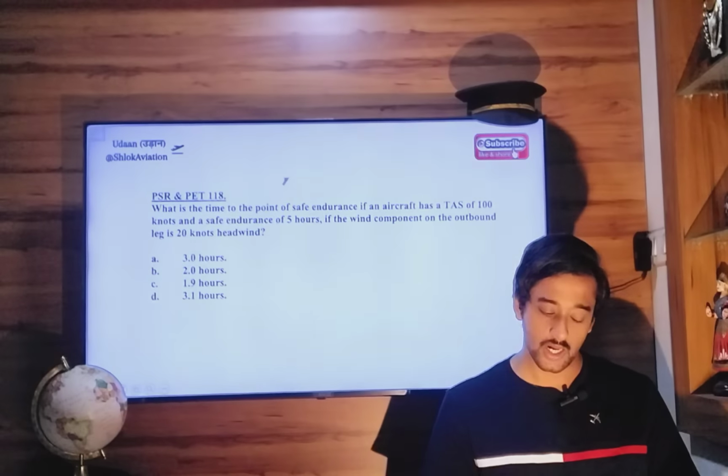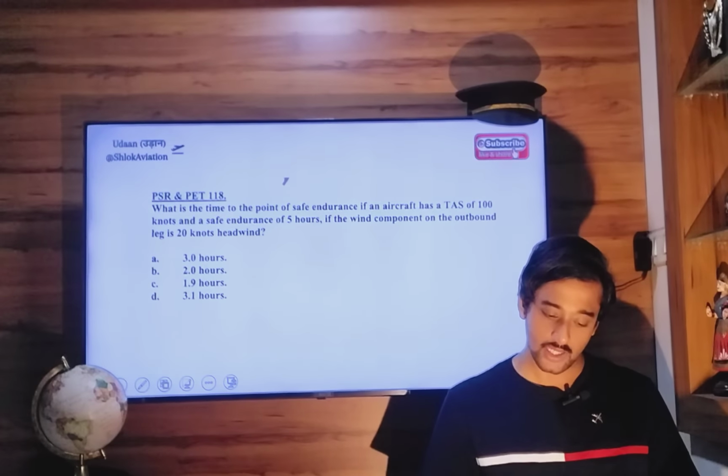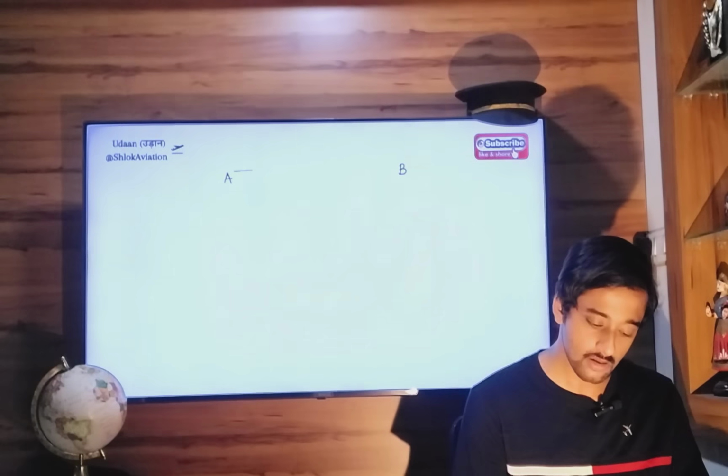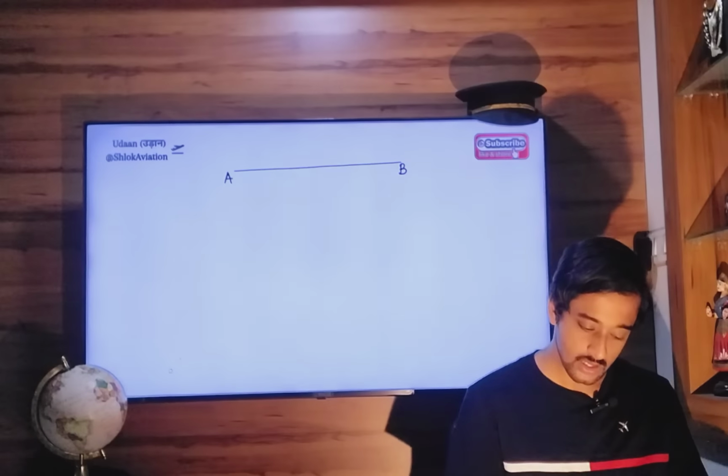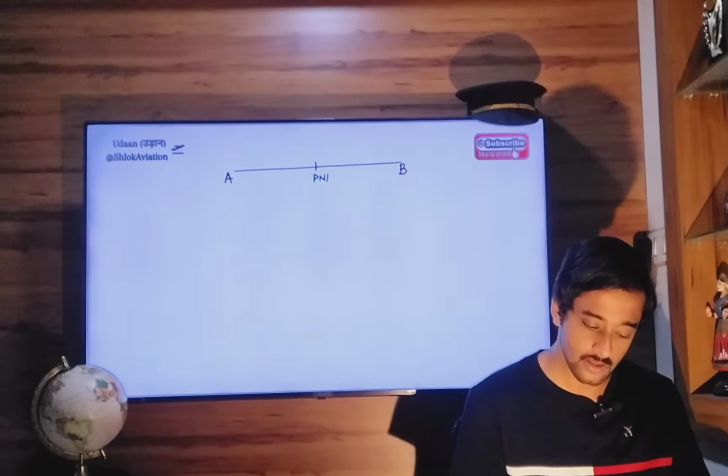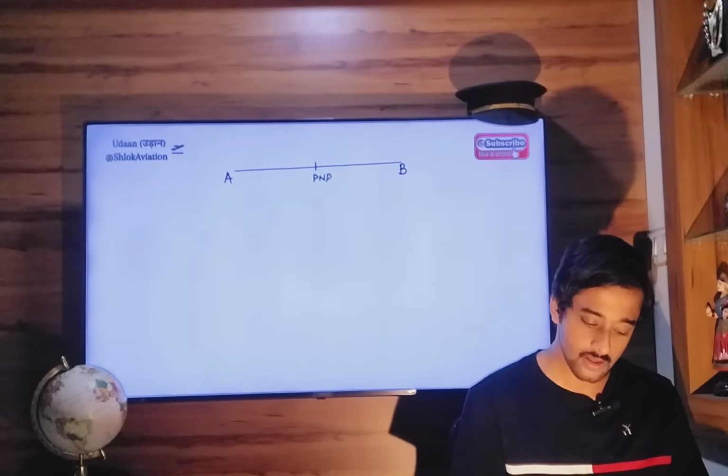If TAS is 100, endurance is 5 hours, winds on the outbound leg is 20 knots headwind. So A, B, this is your point of no return. Here is your aircraft on the outbound leg. Here is another aircraft on the homebound leg.